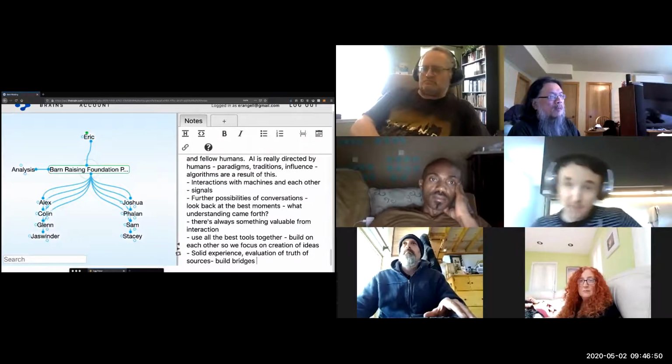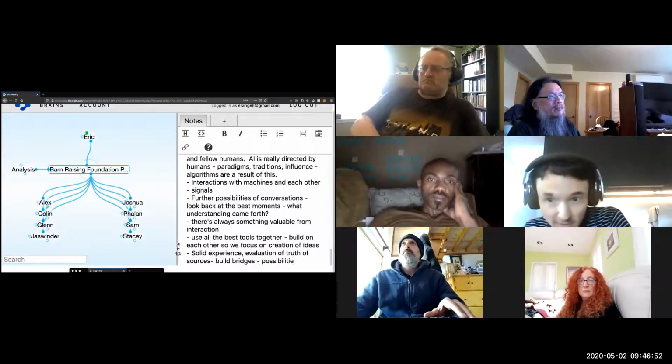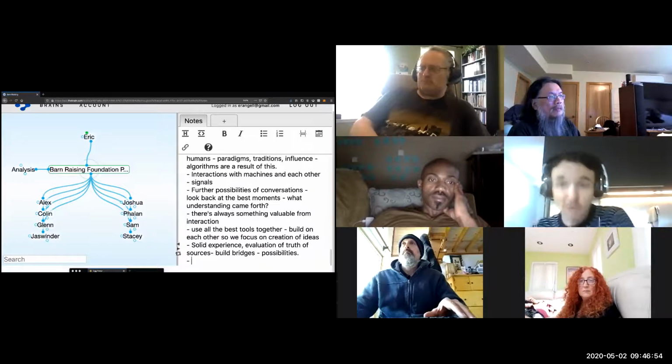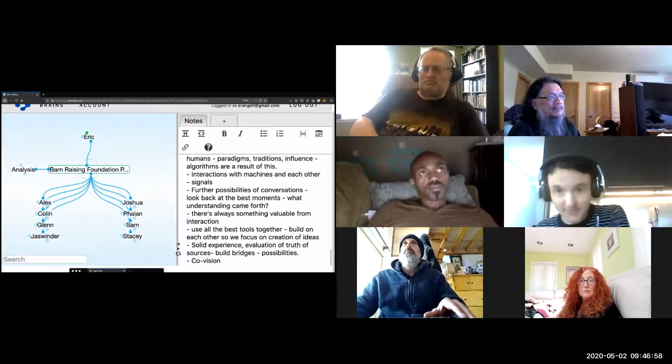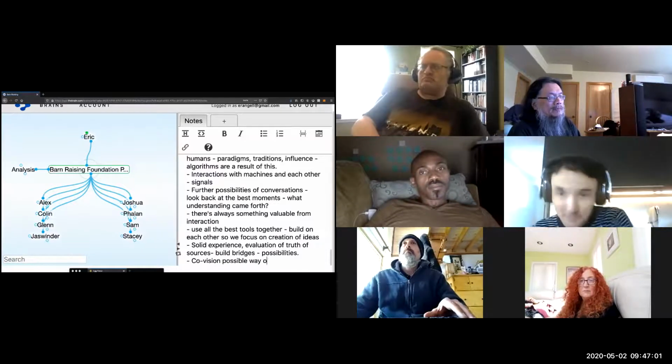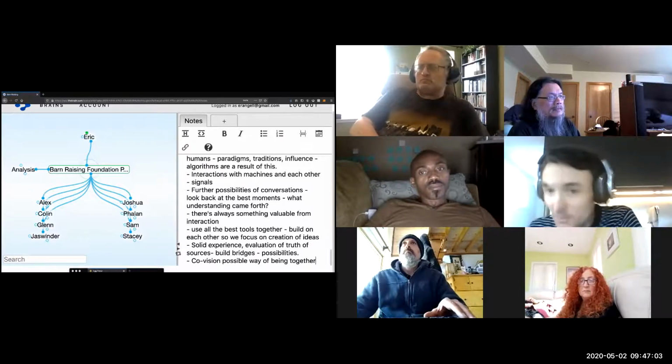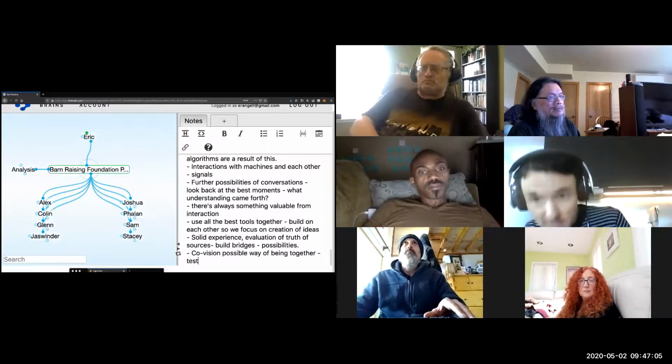And that's obviously where it gets really interesting. Because if we can then co-vision a possible way of being together and then exemplify it and test it out through experiments, we could actually figure this out.